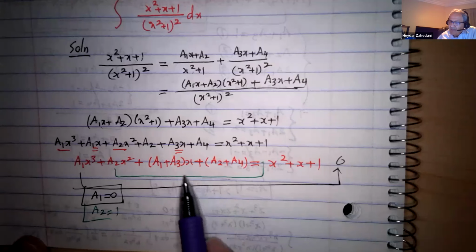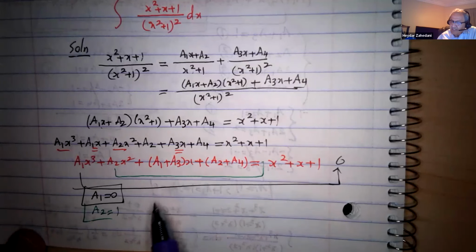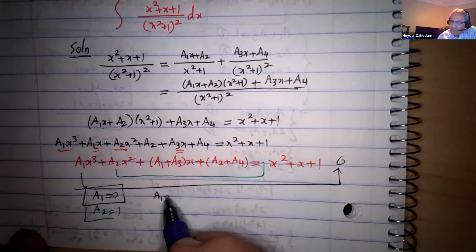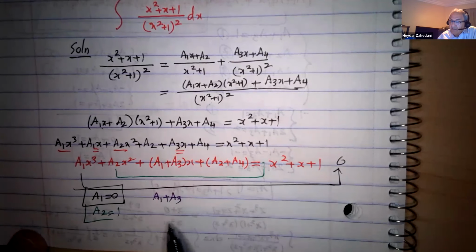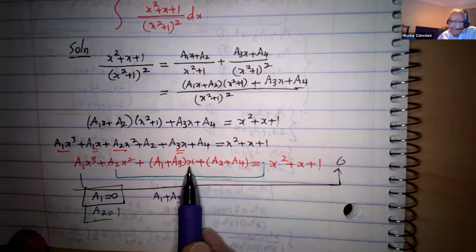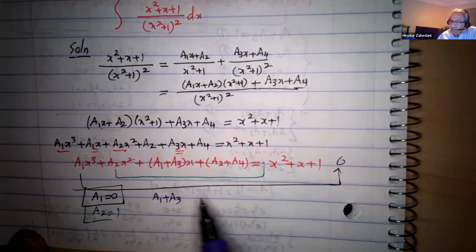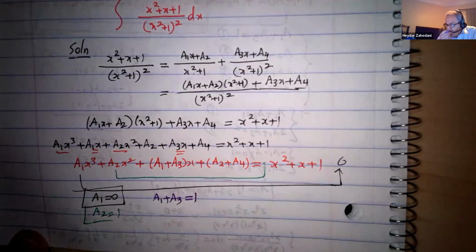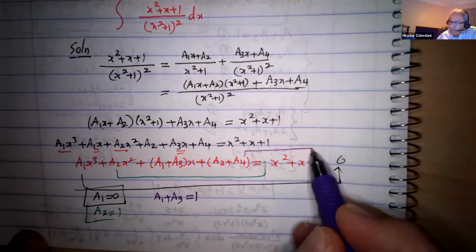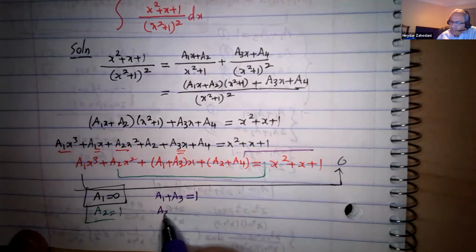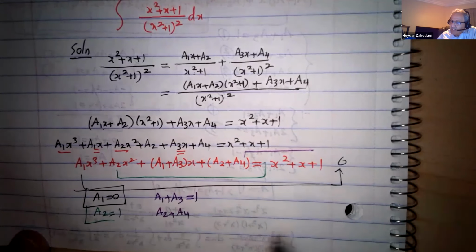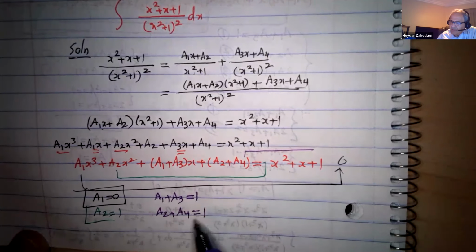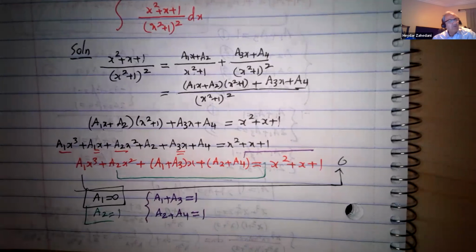Then we have the x, the coefficient of the x here is a1 plus a3, and the coefficient of the x here is 1. So that is one equation. And lastly, we have a2 plus a4, and this is equal to 1. Okay, so these are going to be your 4 equations.